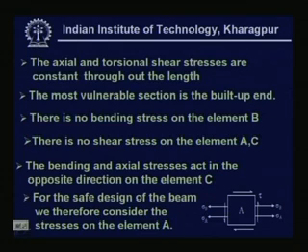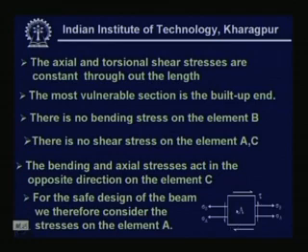There is no bending stress on the element B. Why? Because the element B falls onto the neutral axis, therefore the fibers have neither tension nor compression. There is no shear stress on the element A and C. The bending and axial stresses act in the opposite direction on the element C, that we have already observed. So, for the safe design of the beam, we therefore consider the stresses on the element A.